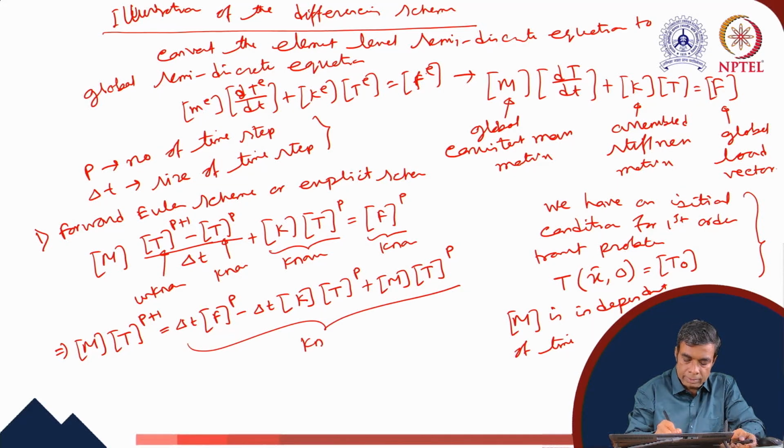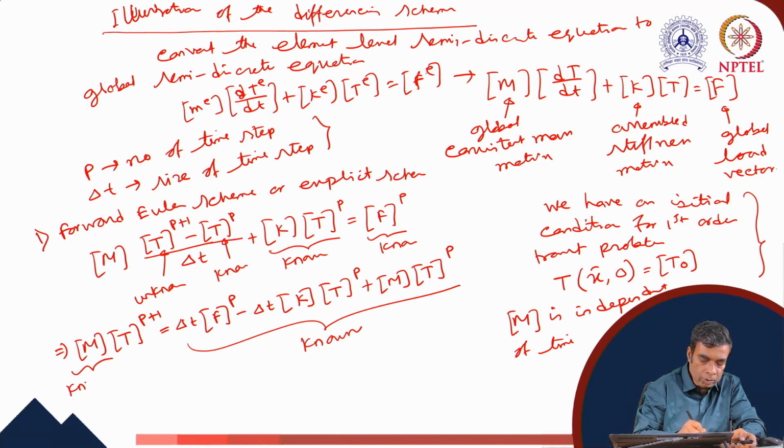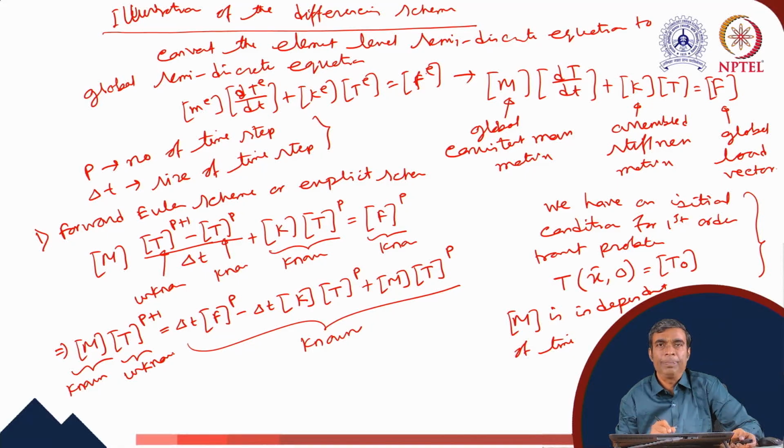So this is known. Here mass matrix is known and the temperature with index p plus 1, this is the only unknown. It means that if we simply invert the consistent mass matrix in the left hand side, we can easily find the temperature at the p plus 1th level.